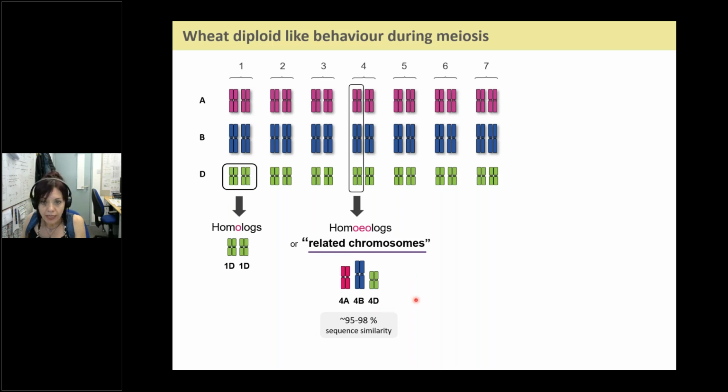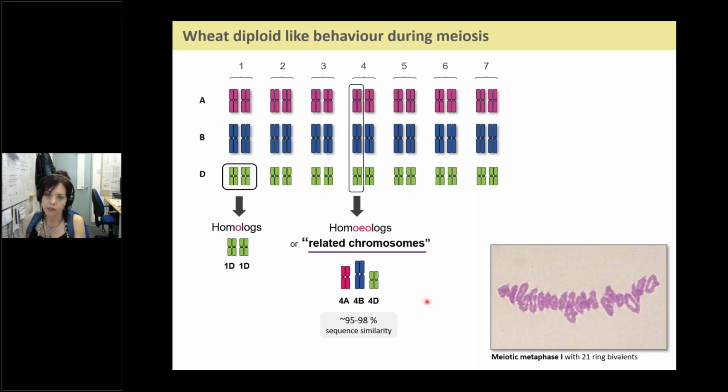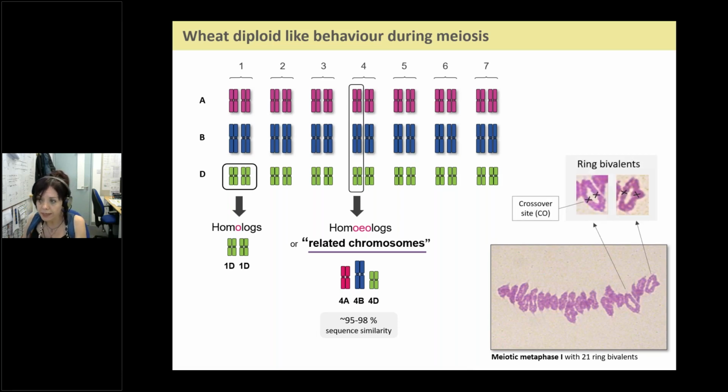So yes, even if related chromosomes are very similar, only homologs recombine as happens in diploid species. So what you can see here in this metaphase 1 are the 42 chromosomes of wheat, where every pair of homologs is connected to each other, forming 21 bivalents. In this case, all the bivalents are what are called ring bivalents, with 2 crossovers, one at each end of the chromosomes. And sometimes you can also find rod bivalents with only 1 crossover connecting the homologs.